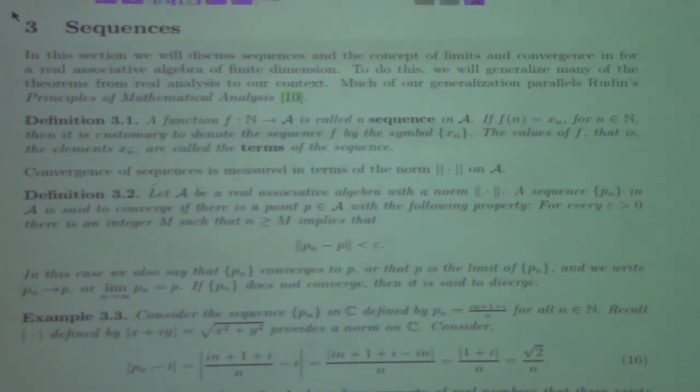So here's a token example. He's got Pn is In plus 1 plus I over n. And he shows that that is less than that. And so he shows basically that this thing limits to I. So there you go.